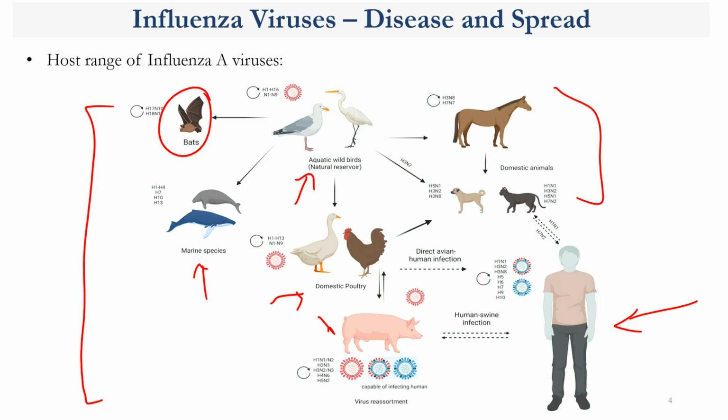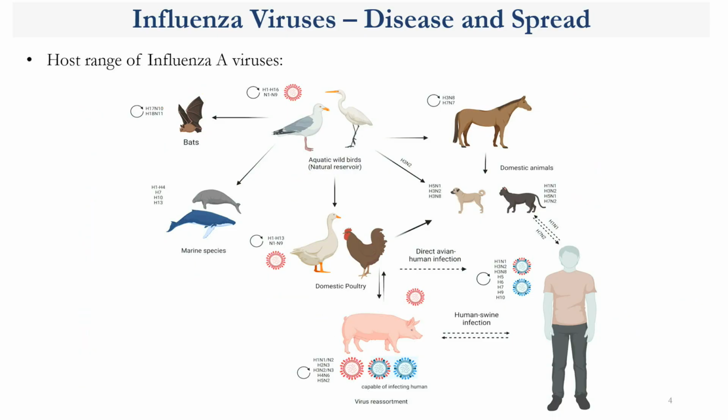So again, what kind of spread is this? What do we call that? Zoonosis, zoonotic spread. So it jumped from animals to humans, for example, or from one species to another.